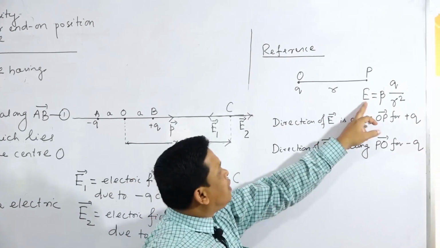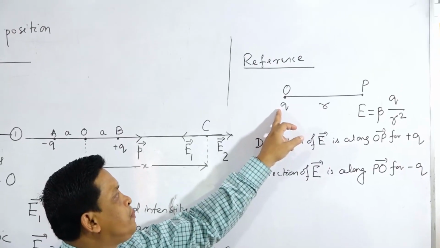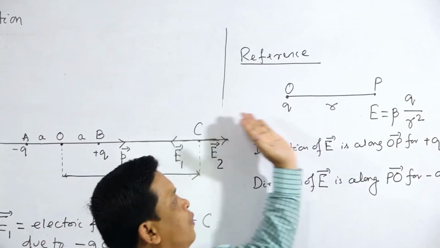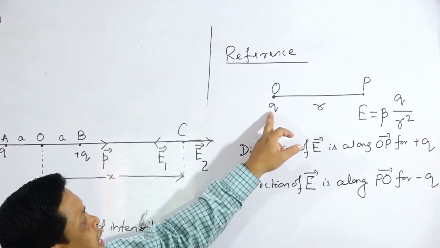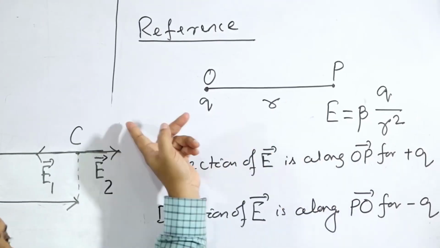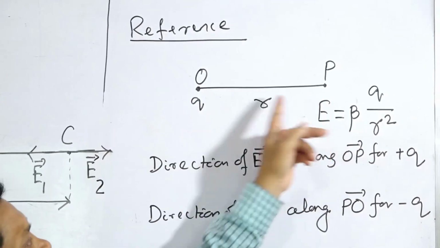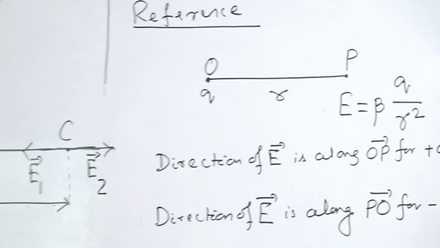Direction of E vector depends upon this charge. If it is a positive charge, E vector is away from it, that is along OP vector, and if this is a negative charge, E vector is towards the charge, that is along PO vector. We shall apply this one here.